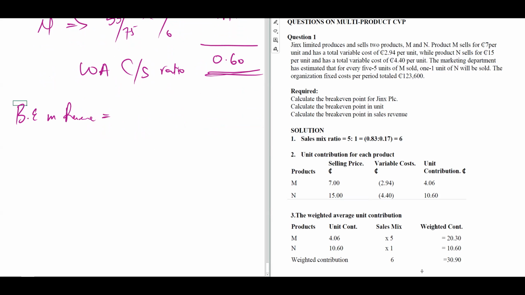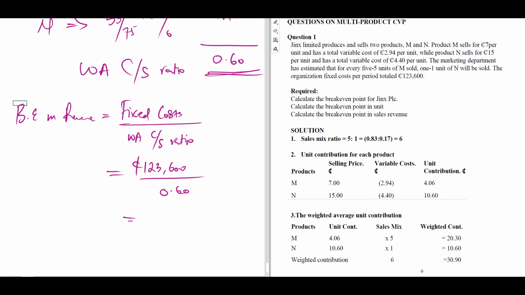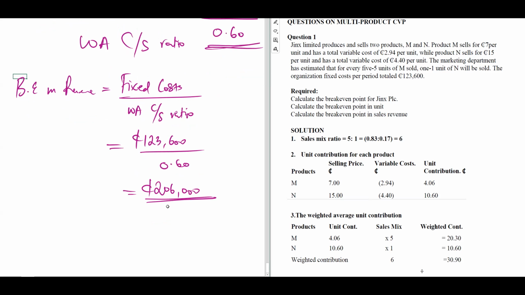That is fixed cost over the weighted average CS ratio: 123,600 divided by 0.6, which gives 206,000. So the company must make revenue of 206,000 to break even.